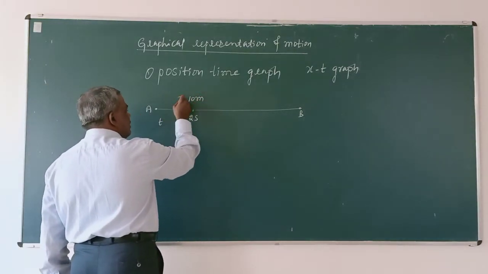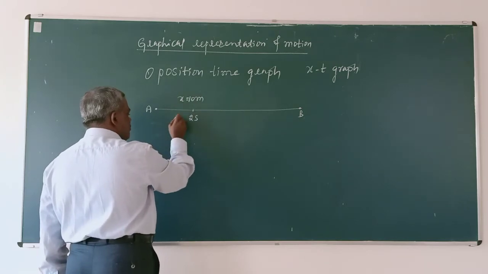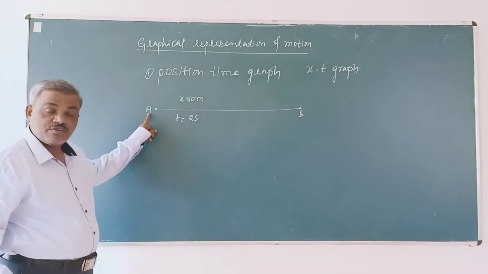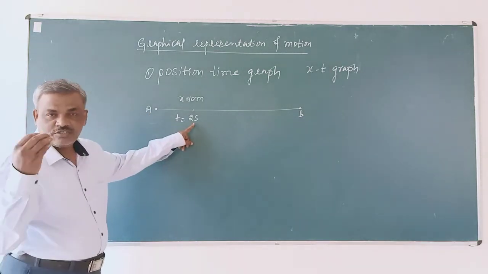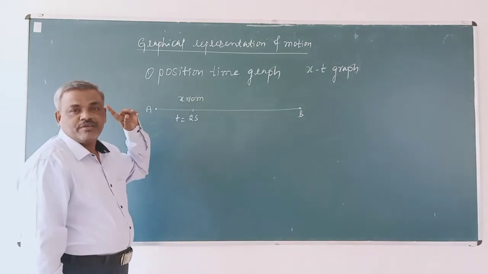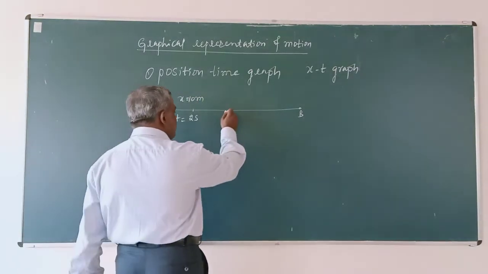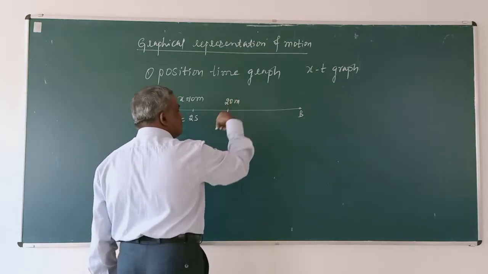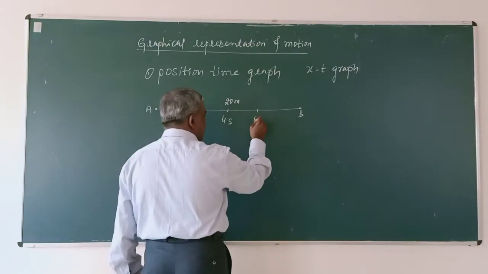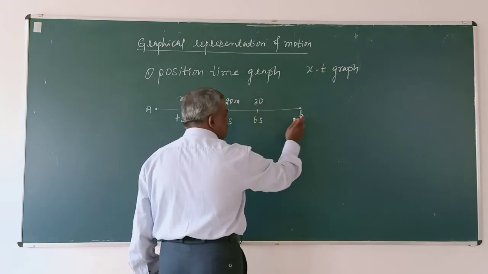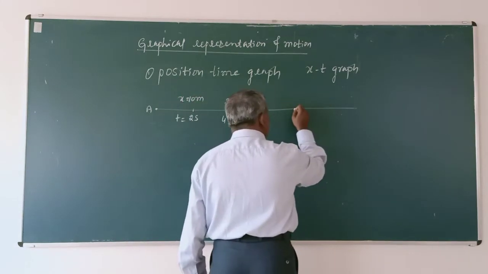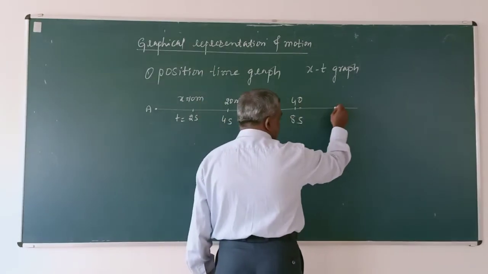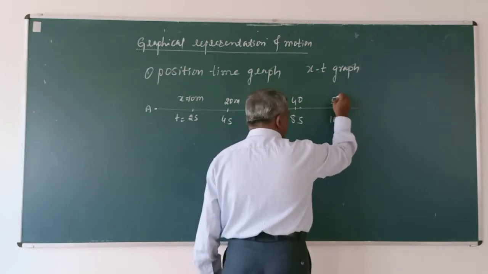So x equals 10 meters and time t equals 2 seconds. After 4 seconds, maybe 20 meters. After 6 seconds, 30 meters. After 8 seconds, 40 meters. After 10 seconds, 50 meters.